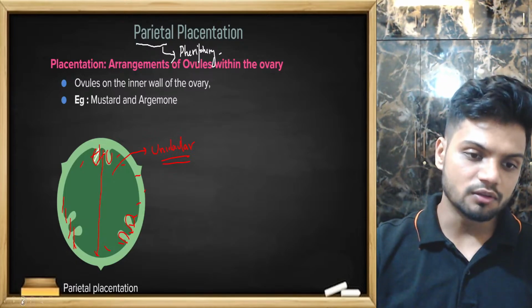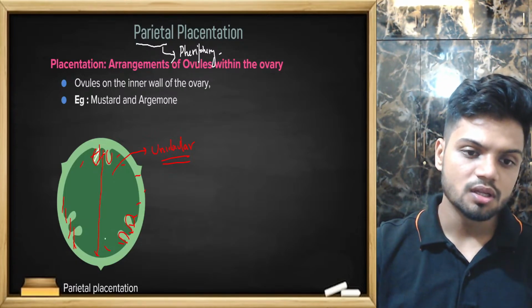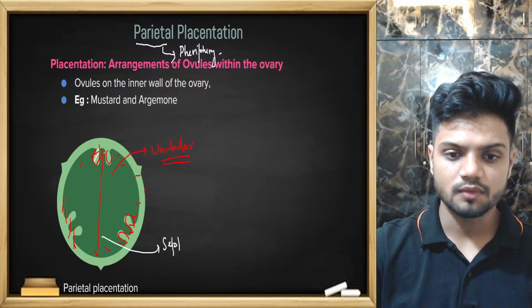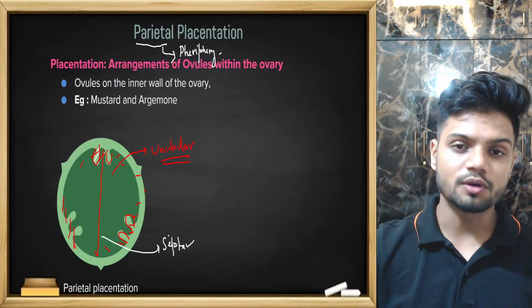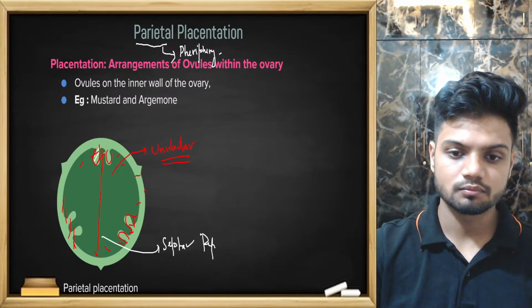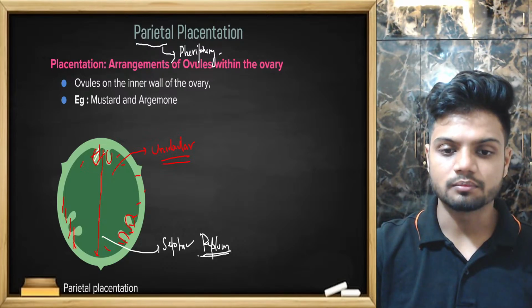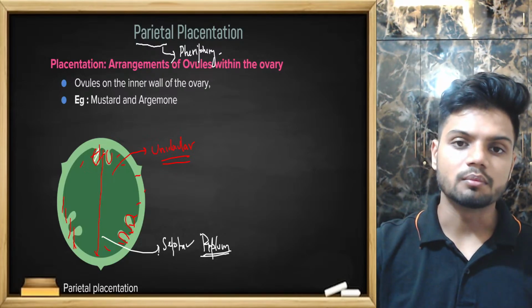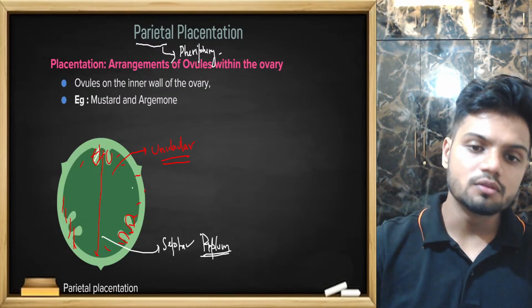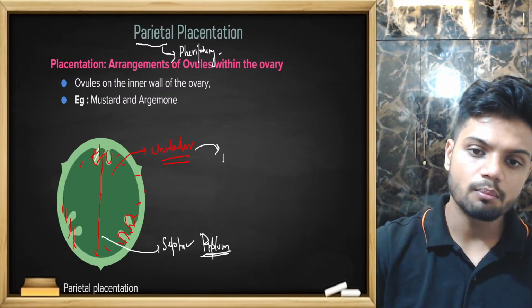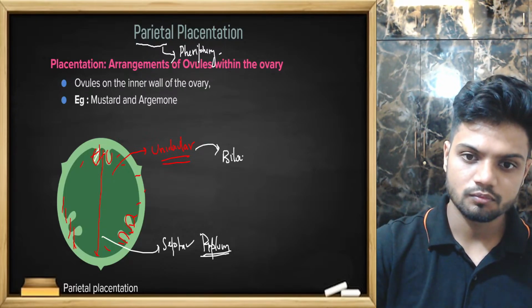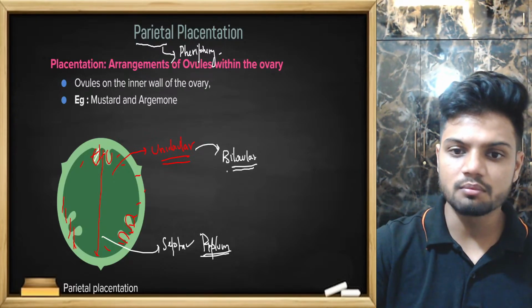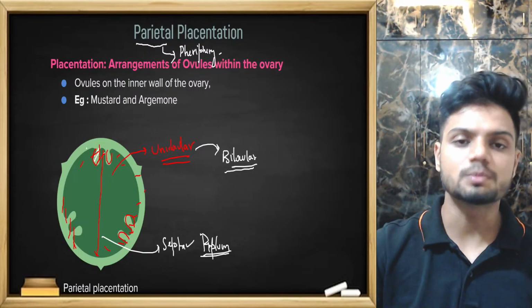In parietal placentation, the septum formed in the middle is called the replum. Because of replum formation, this unilocular ovary will become bilocular due to the false septa formation.